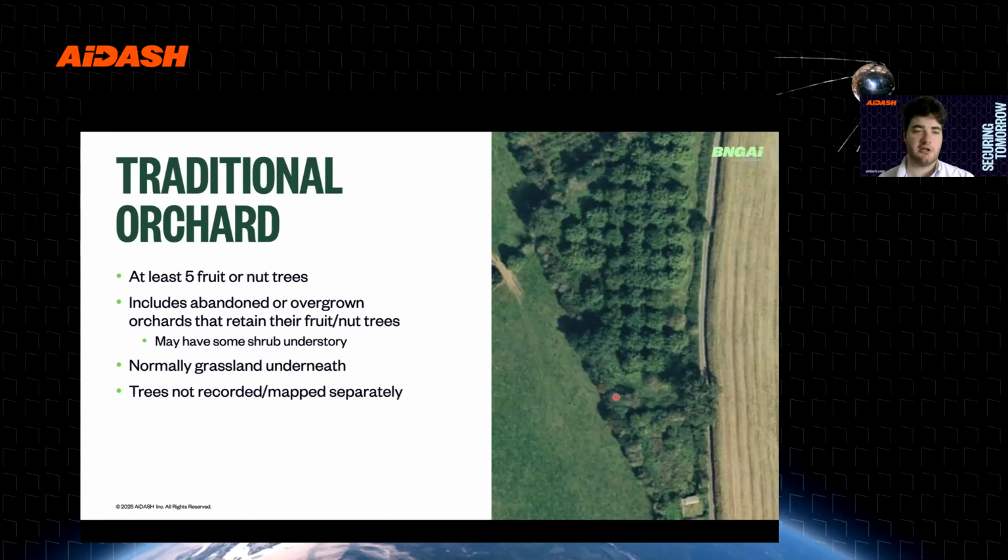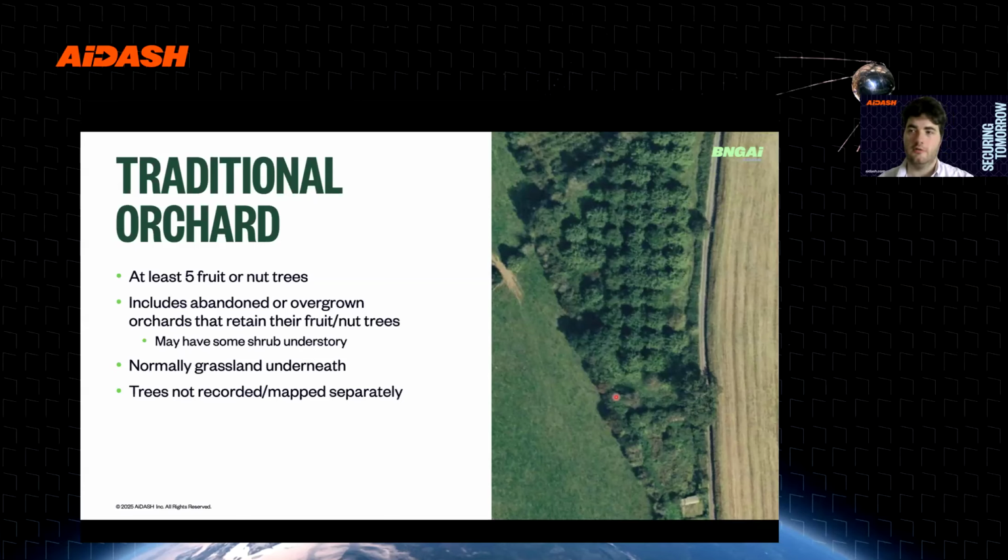But normally we would expect to find grassland underneath this, either another neutral grassland, maybe even a meadow, or a modified grassland. And I guess the important thing to note really is that these trees that are part of the orchard are not mapped or recorded separately. They don't have their own point features, which become area habitats, obviously.